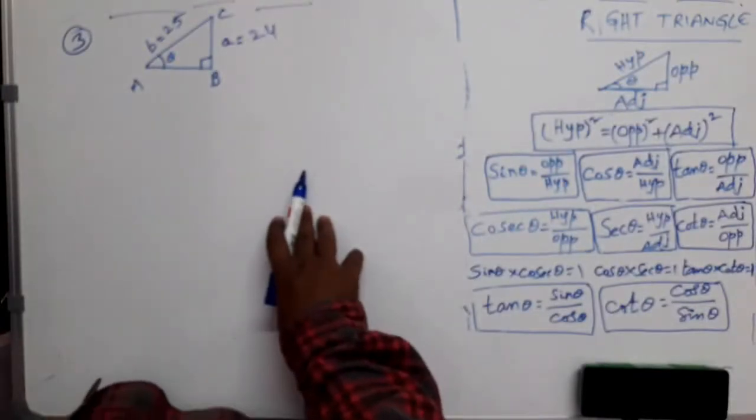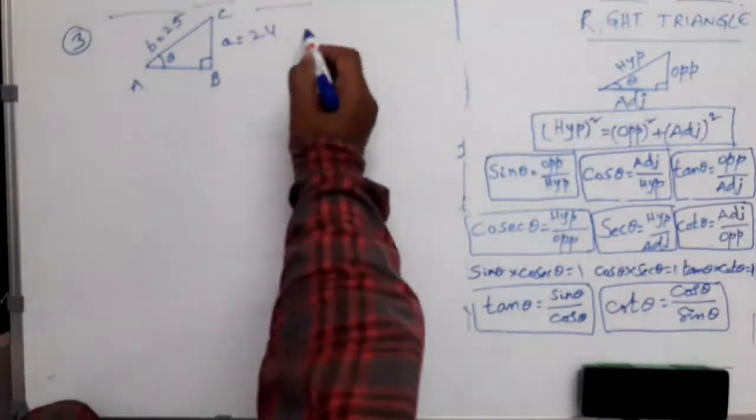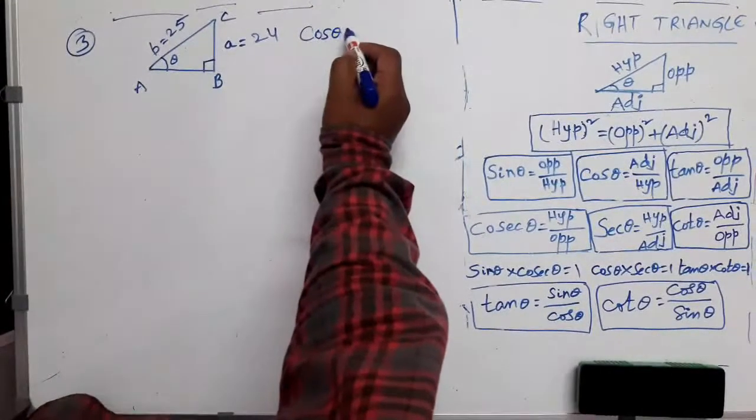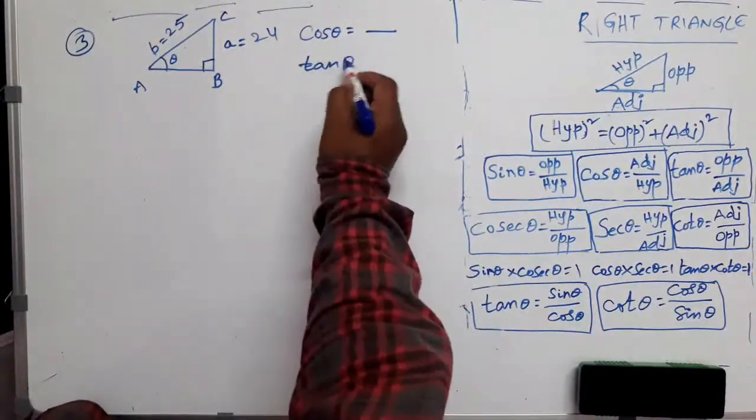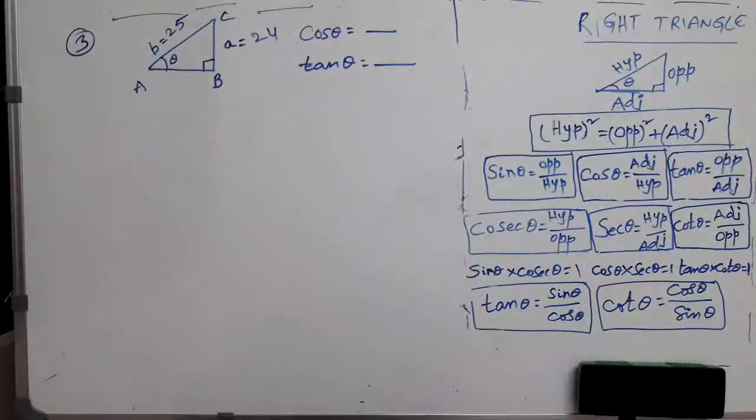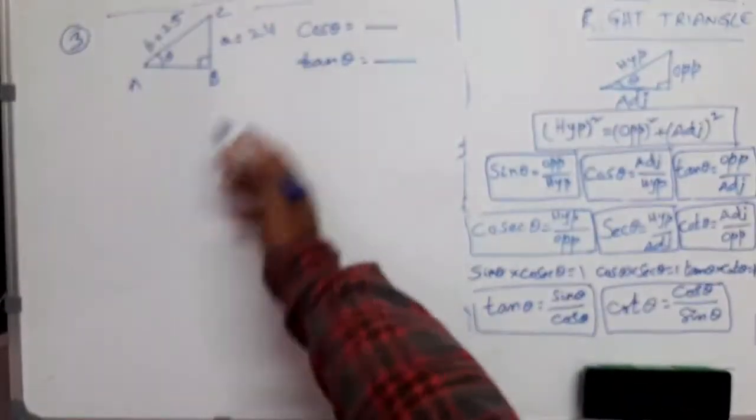Then find the value of cos theta and tan theta. You are supposed to find cos theta and tan theta. Just now, as you have seen in the earlier questions, we know the value of two sides.